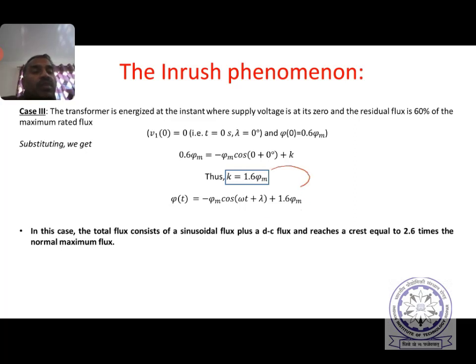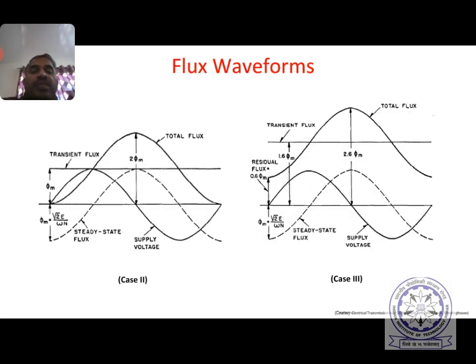The k becomes 1.6 phi m. In this case we have already seen that the waveform that is drawn is of this kind. Okay, then let us see the waveforms here.